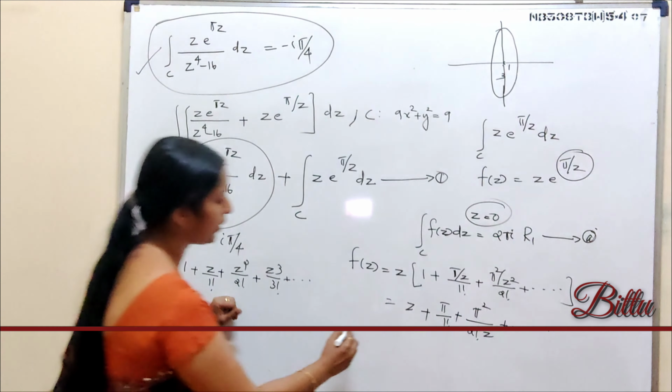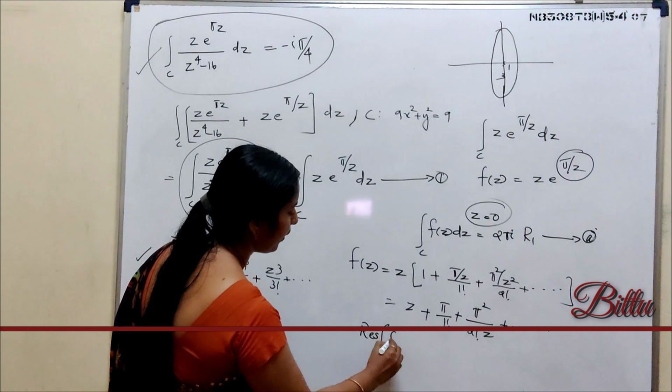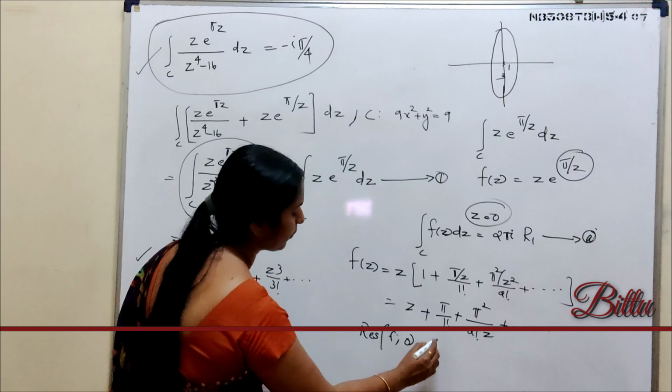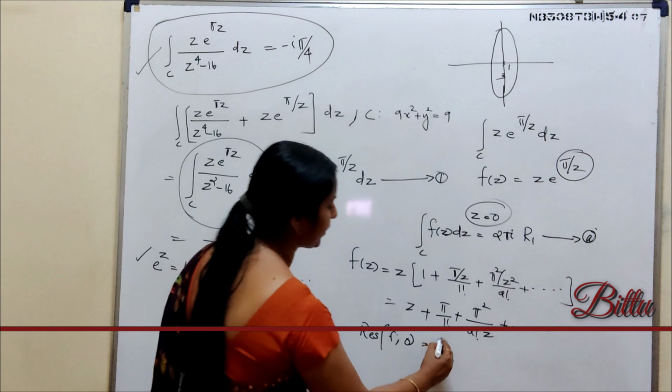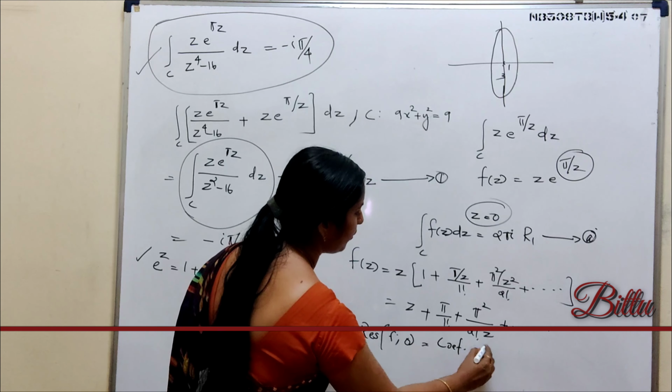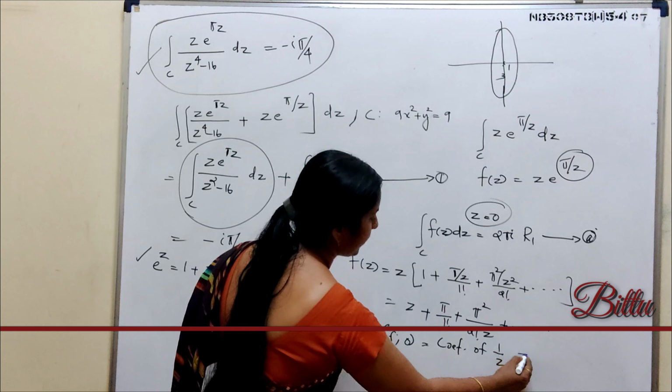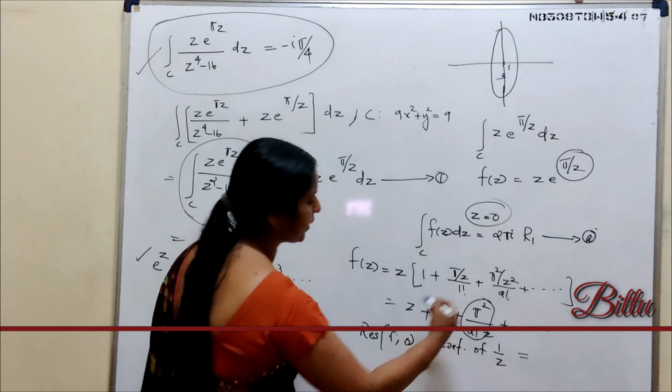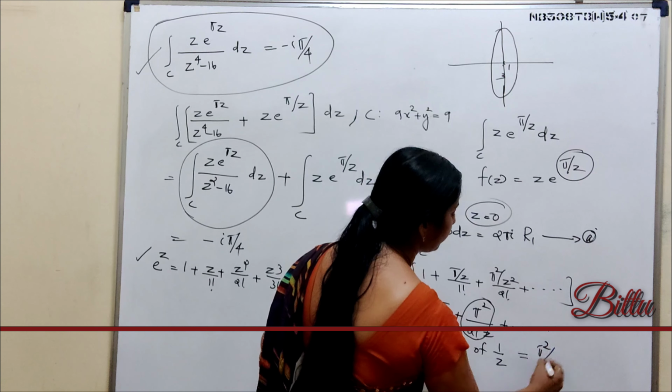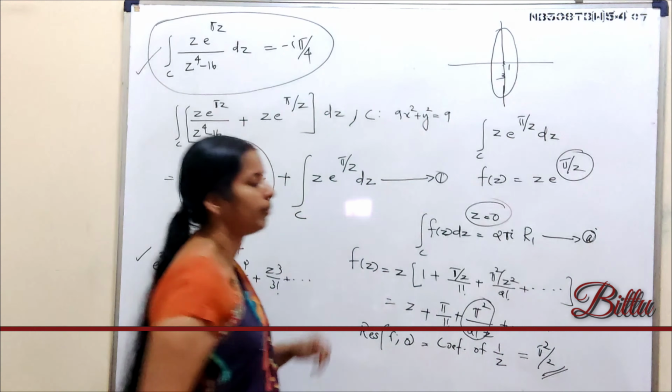Really, the residue of F at 0 is the coefficient of 1 by z. And the coefficient of 1 by z is pi square by 2. So the residue is pi square by 2.